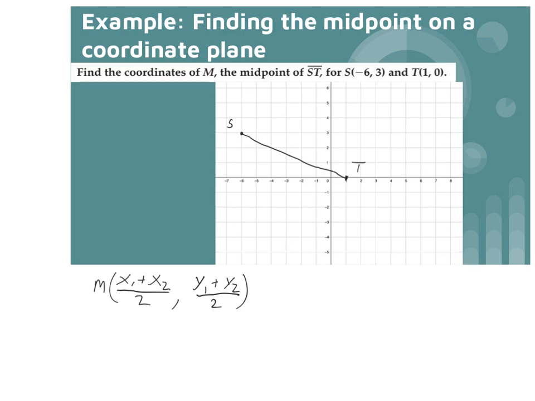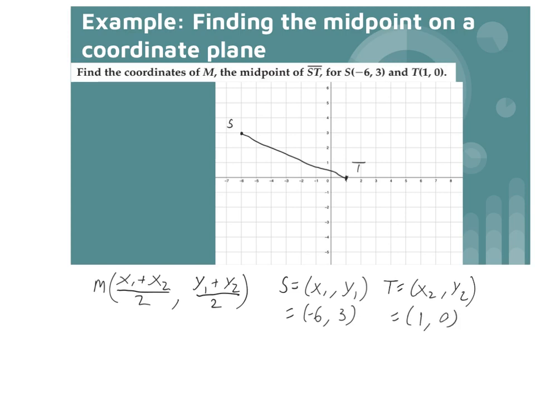All right, so what is our x1 and our y1? S is equal to x1, y1, which is -6, 3, and T is equal to x2, y2, which is equal to 1, 0.